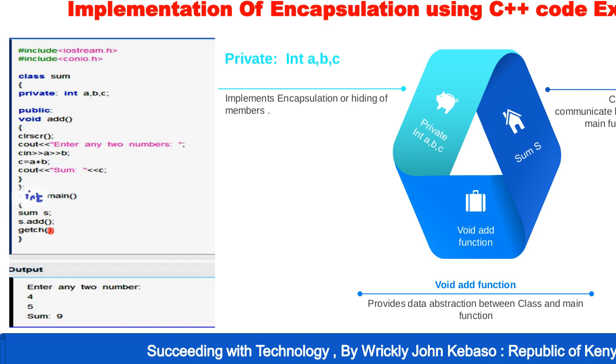As simple as that, we have done what we call encapsulation of data, and we are using abstraction. Class function add is being called by the main function using an object of class sum, and the method is s.add, and the main function is going to display for us the result of this particular class.